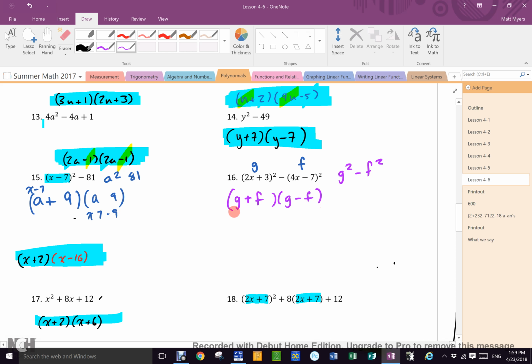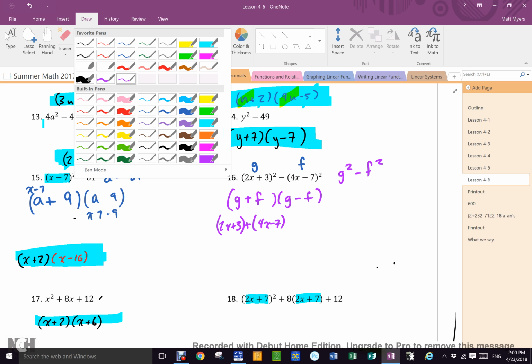Yeah. Everybody can? Okay. What's G? 2x plus 3. Plus, what's F? 4x minus 7. That's one half of this, isn't it? That's the yellow half.